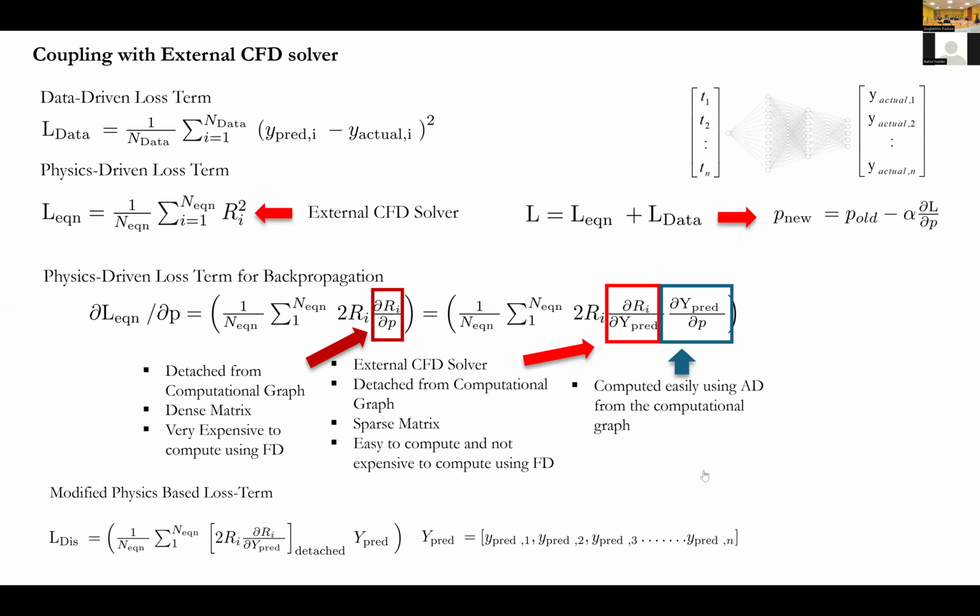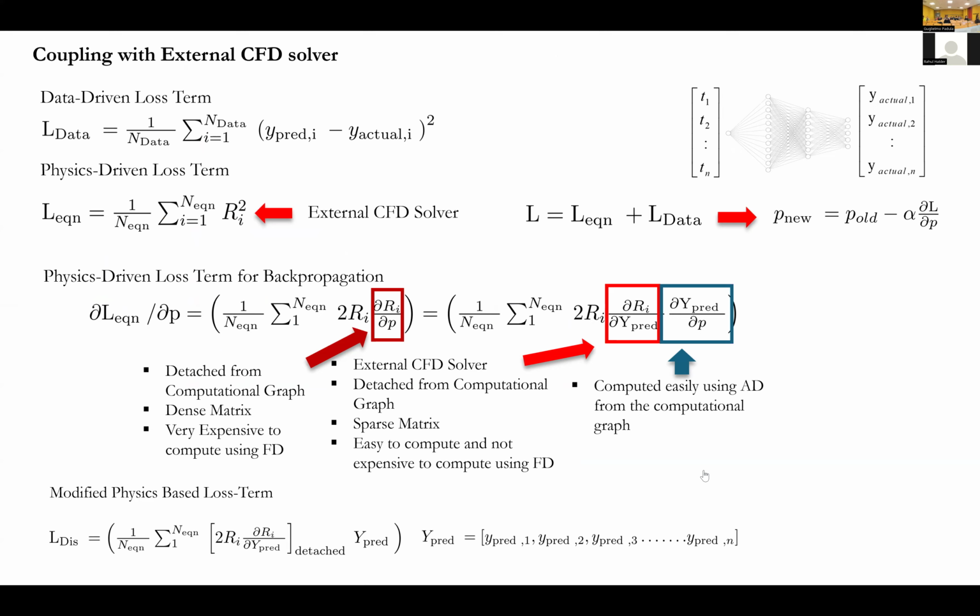Okay. I think I have discussed this part with you quite a lot of times, but I am reiterating one more time: what is the problem when the physics-based residual is coming from an external solver?